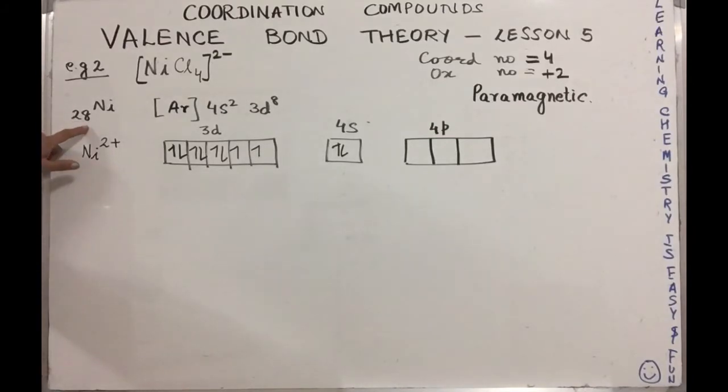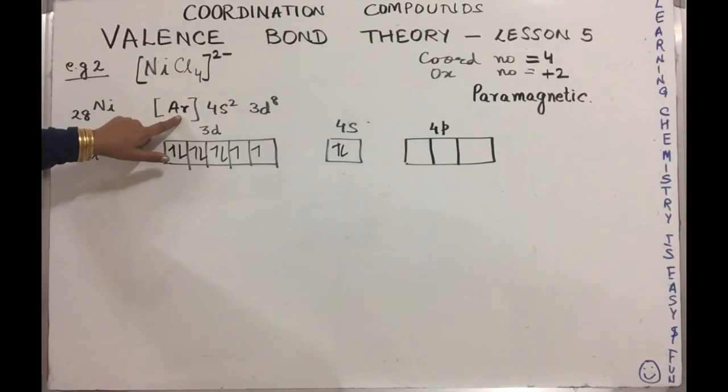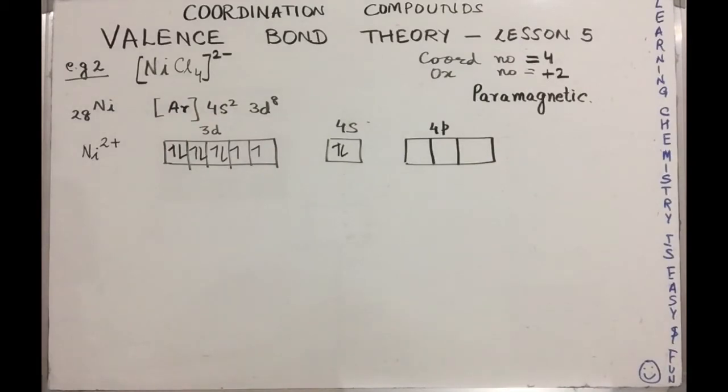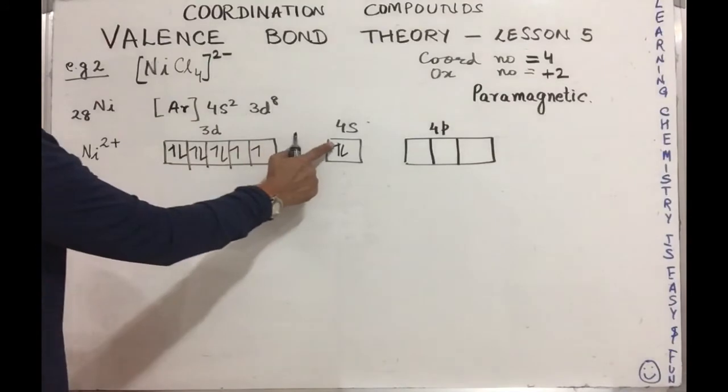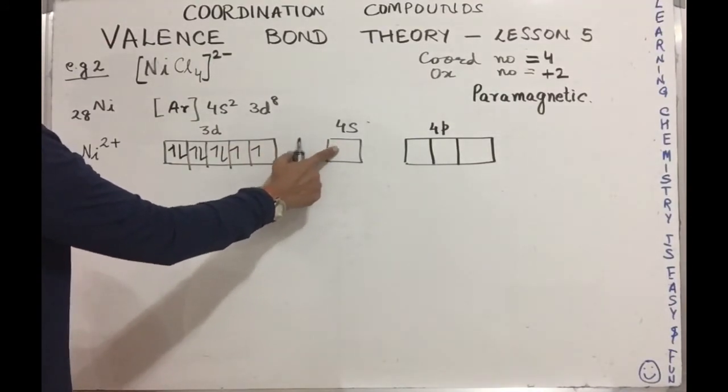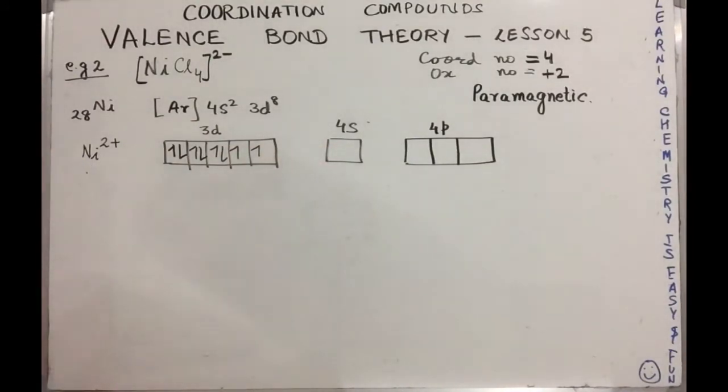Now nickel 28 is its atomic number. Electronic configuration in terms of inert gas, argon 4s2 3d8, correct? When it turns into nickel ion, it loses these 2 electrons from the 4s orbital.